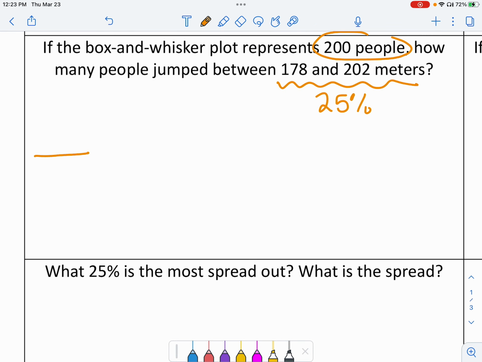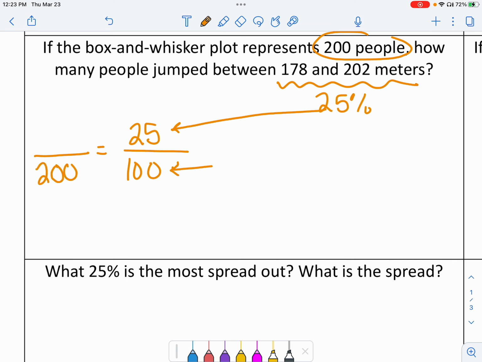We're going to draw percentage problems as a proportion. We're going to do 100% on the bottom and 25% on the top. Always 100, and the 25 came from that. The total number of people was 200, so the total always goes on the bottom. And we're trying to figure out how many people jumped between those two. So the first thing we had to identify was that it was 25%, and the second thing is how to make our proportion.